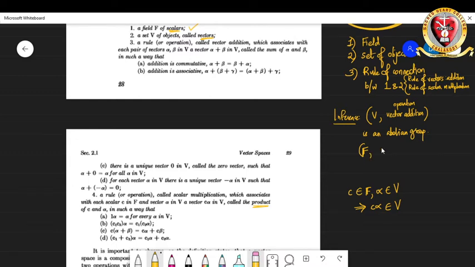So we know that F is a field, and obviously F star with the multiplication there is an abelian group. Obviously it is cyclic, right? F is a field.